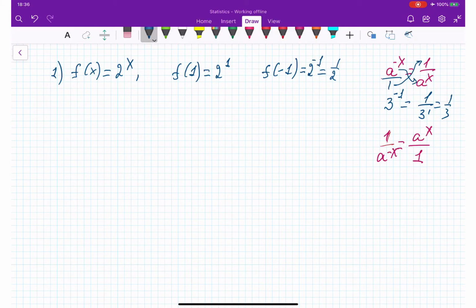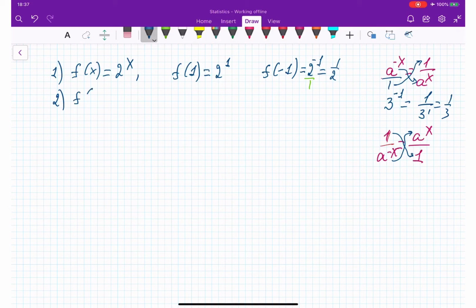So you just flip the fraction. Therefore, 2 to the negative 1 I can represent as 2 over 1, and because we have negative 1, you just flip it and you get 1 over 2. Okay? So next one, question number 2.